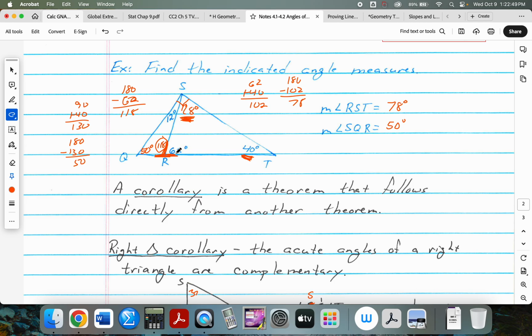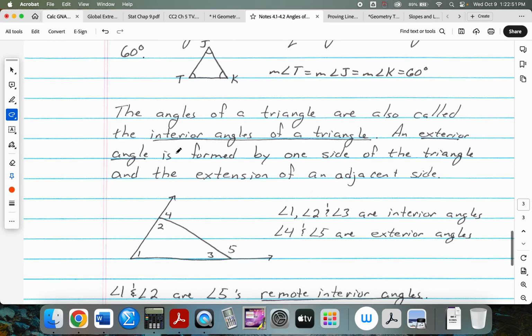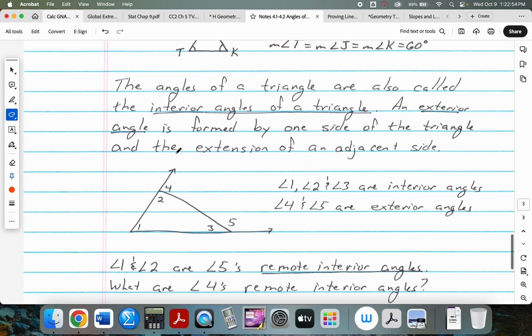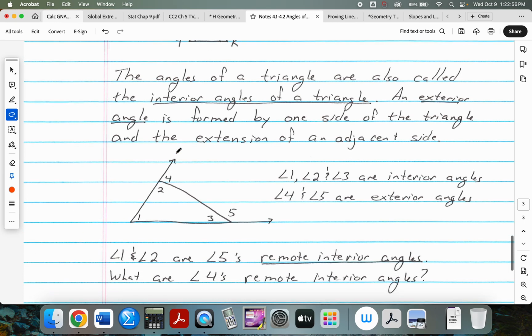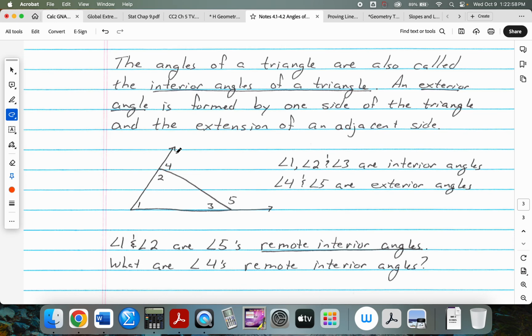Okay? Now, we have a corollary for that. But first you need to learn about some terms. The angles of a triangle are also called the interior angles of the triangle. An exterior angle is formed by one side of the triangle and the extension of an adjacent side.